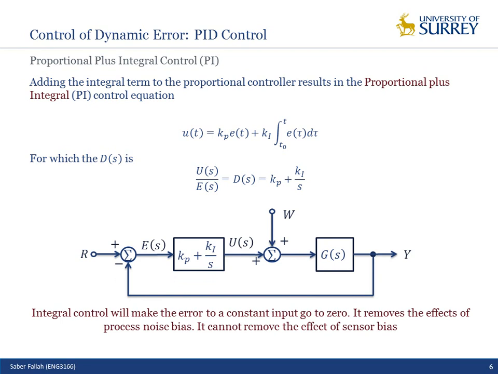Again, the main advantage of using the integral controller is that it makes the error to a constant input go to 0, and for the disturbance goes to 0, but it cannot deal with the steady state error due to the sensor bias or the sensor noises. We didn't talk about sensor noises or bias. But keep in mind, if you want to improve the steady state error of the system, we have to use the integral controller.